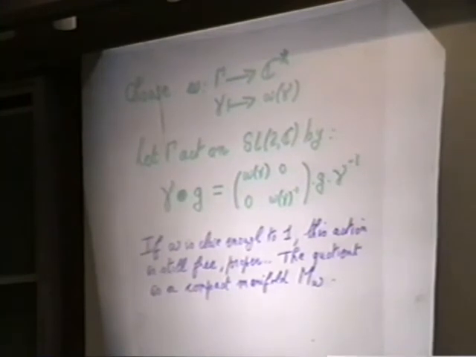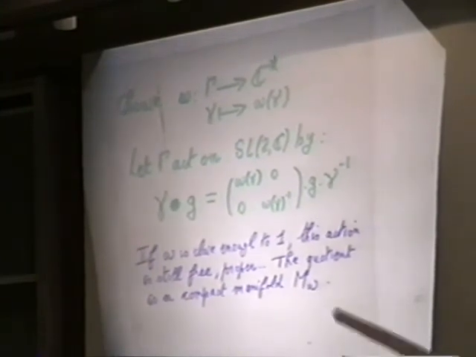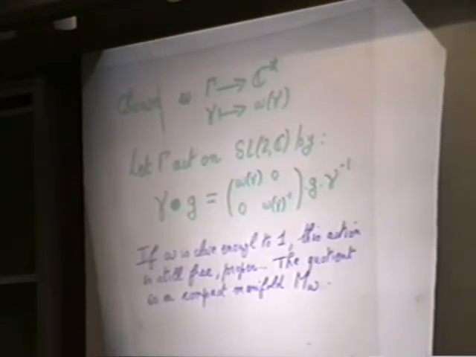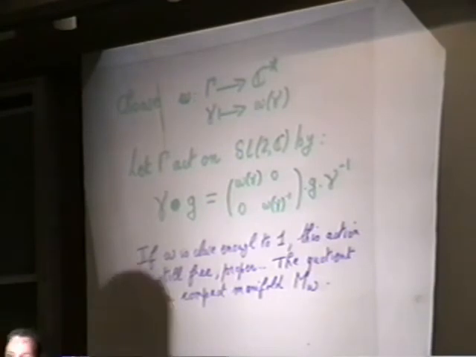And you get a nice complex manifold, M sub omega, which is, say, infinitely differentiably diffeomorphic to M, but definitely not biholomorphic to M. It changed the complex structure. So this is a nice complex manifold. And the good thing about this is that this new action does not commute with the C action by multiplications by unipotent matrices.